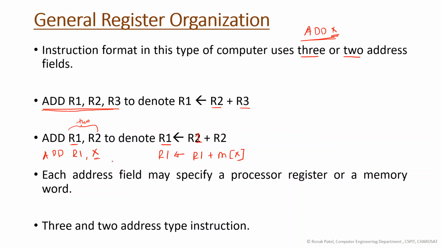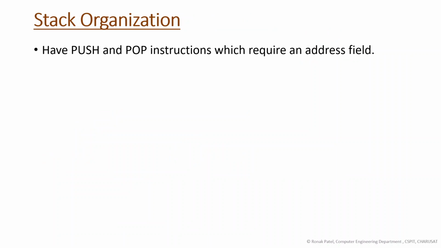So three and two address type instructions belong to general register organization. Then next is stack organization, in which we have push and pop instructions which require an address field.